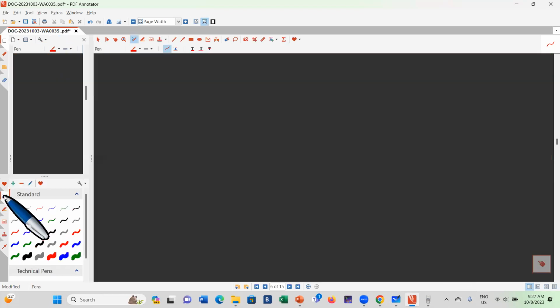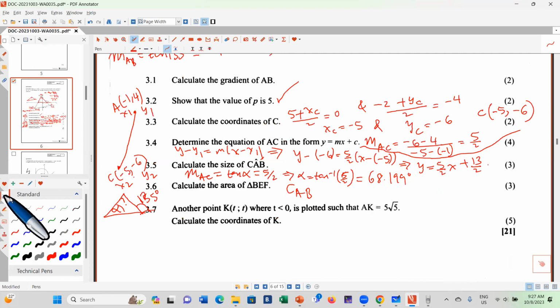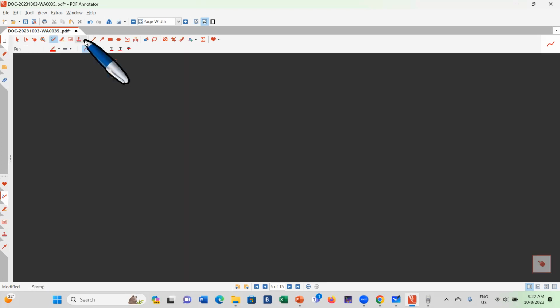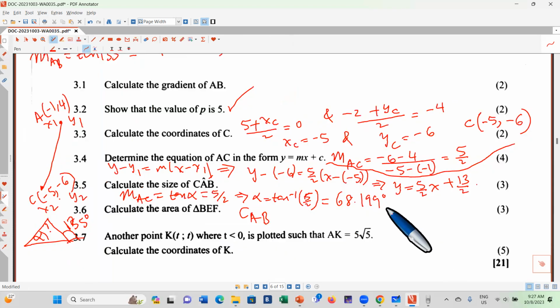So what then do we achieve? We are able to achieve the fact that from this point here we have the 135 degrees. 135 degrees is equal to alpha plus CAB, because at this point this one is C, this one is A, and this one is B. So 135 degrees is alpha plus CAB.